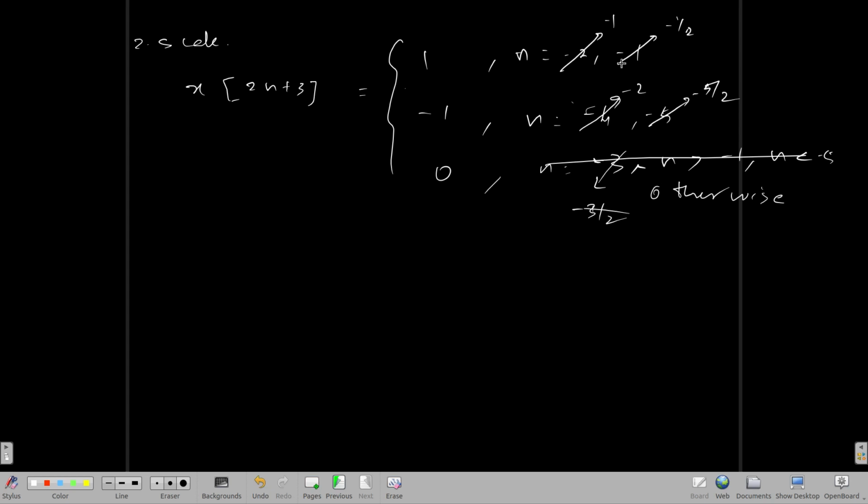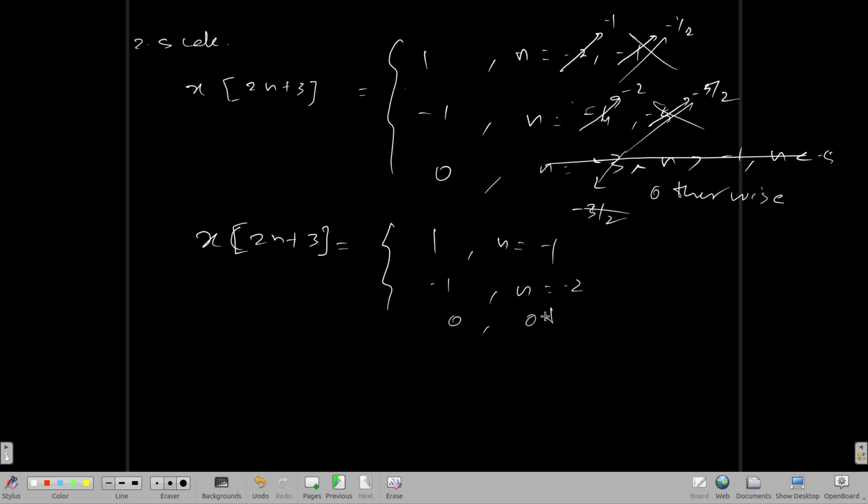So after scaling, whichever n value is coming not as integers, you remove them. So this will go, this will go. So finally only these two will be remaining. So how do we rewrite this? X of 2n plus 3 is equal to 1 for n equal to -1 and -1 for n equal to -2 and 0 otherwise.